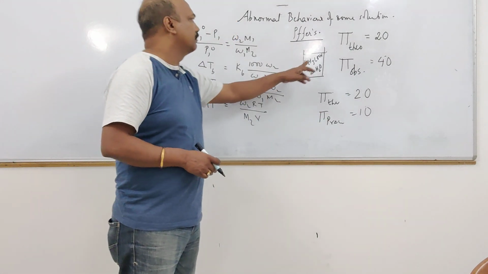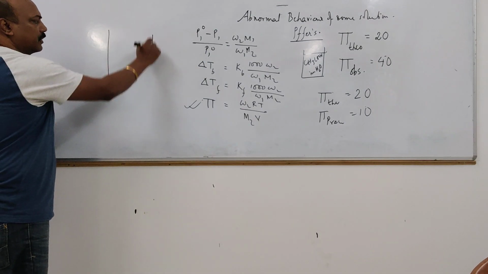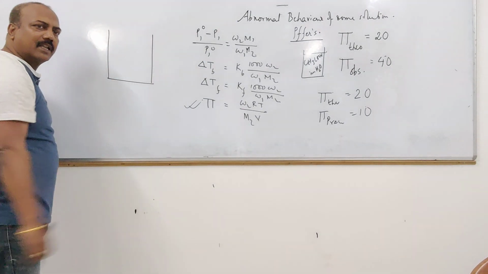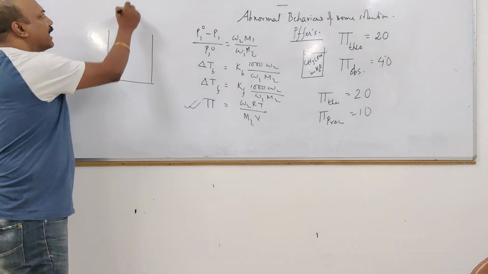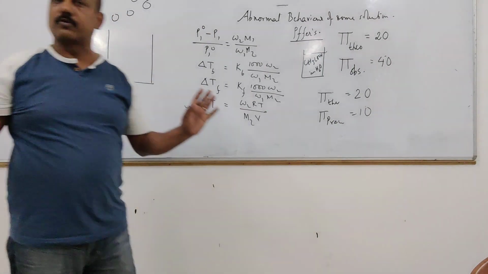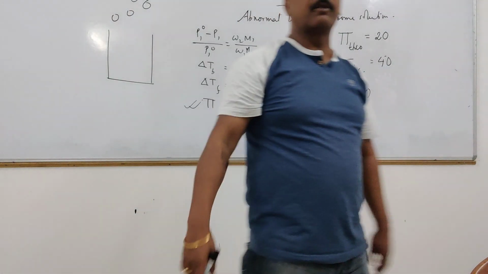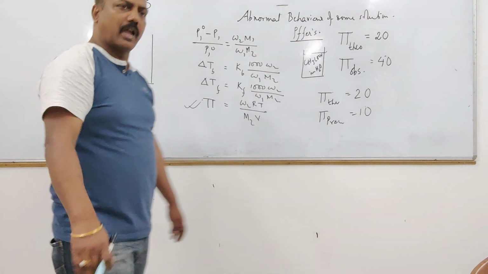Here, in the first case, I am adding sodium chloride to the solution. Please understand it. You are thinking that I am adding 1, 2, 3, 4 sodium chloride molecules. Just suppose, theoretically, whatever amount I had given, if you calculate that, there are 4 sodium chloride molecules.